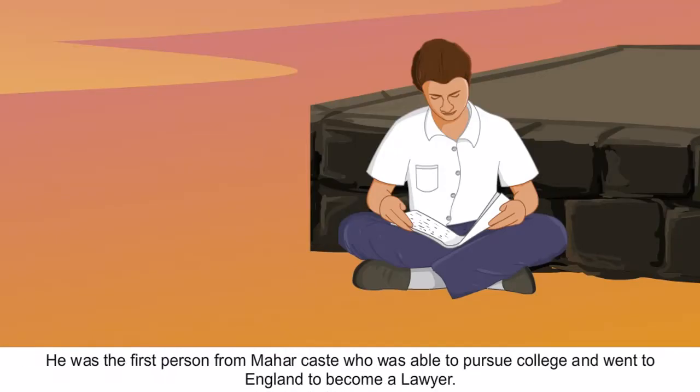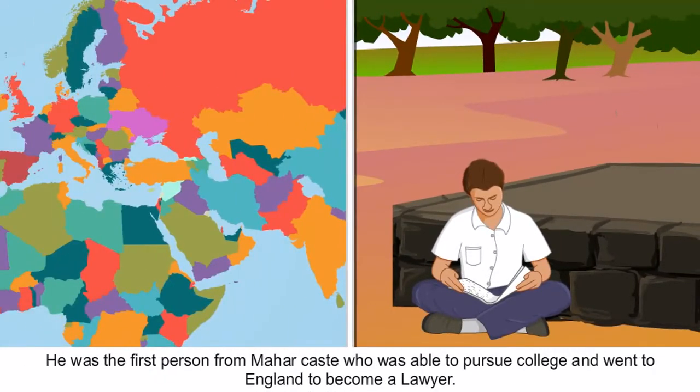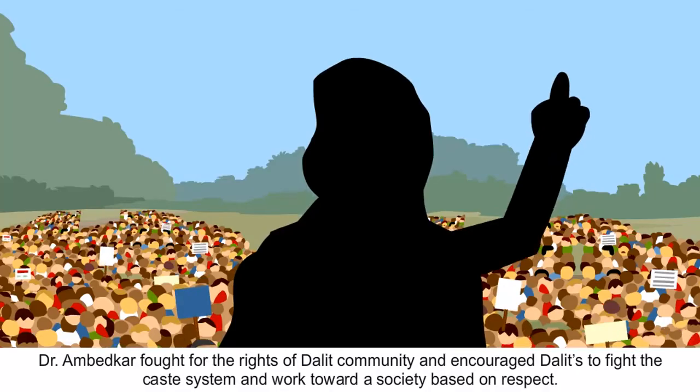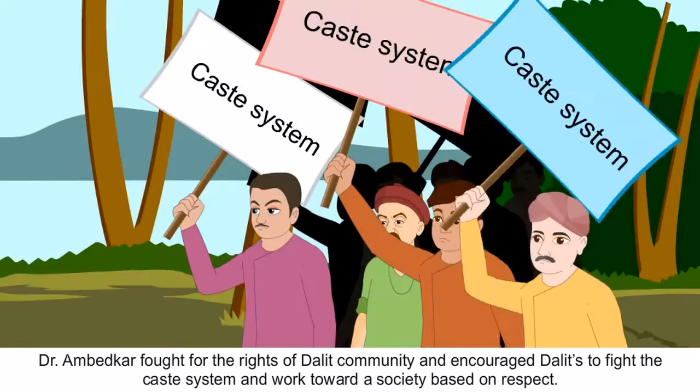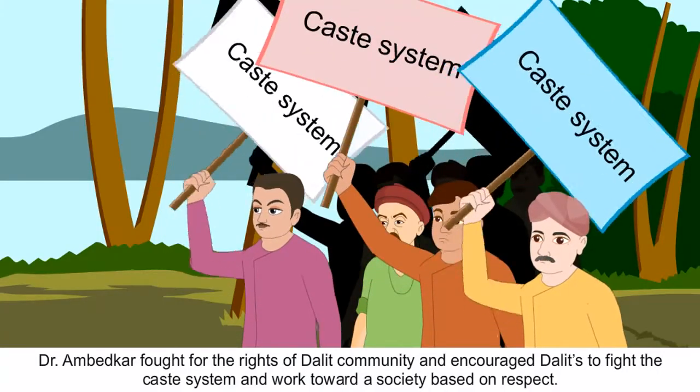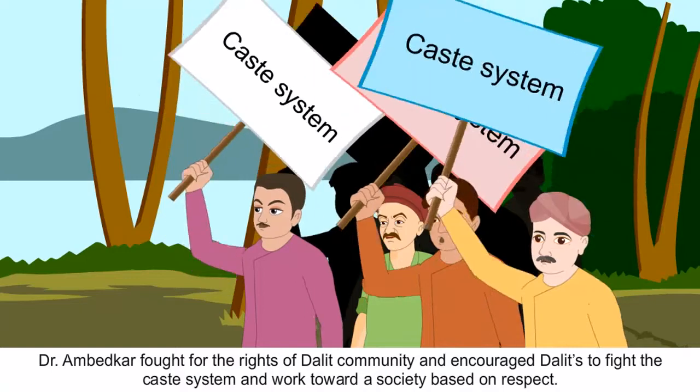He was the first person from the Mahar caste who was able to pursue college and went to England to become a lawyer. Dr. Ambedkar fought for the rights of the Dalit community and encouraged Dalits to fight the caste system and work toward a society based on respect.